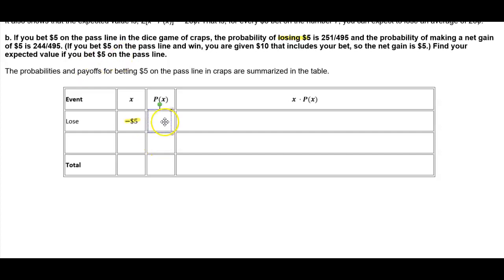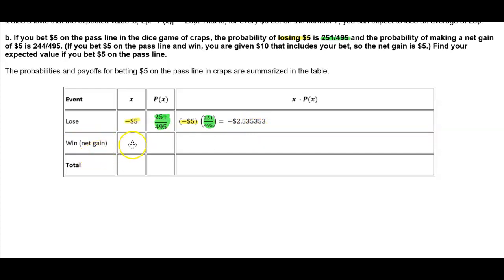Now, what is the probability of losing? Well, we know that the probability is 251 over 495. So now we're going to take X and multiply it by the probability. So we're going to take our -$5 and multiply it by 251 over 495, and we end up getting -2.535353.